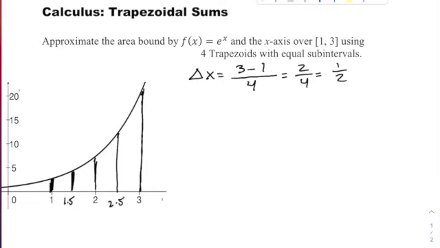And so the idea is, for this first region, for example, rather than using the left side as the height of a rectangle and definitely being under the curve, or the right side as the height and definitely being over the curve, why not just connect these two and make a trapezoid? That trapezoid will fit pretty close. That's a curve, that's not a straight line, but if I draw a straight line, it's going to pretty closely approximate that curve. So that's the idea of the trapezoidal rule.